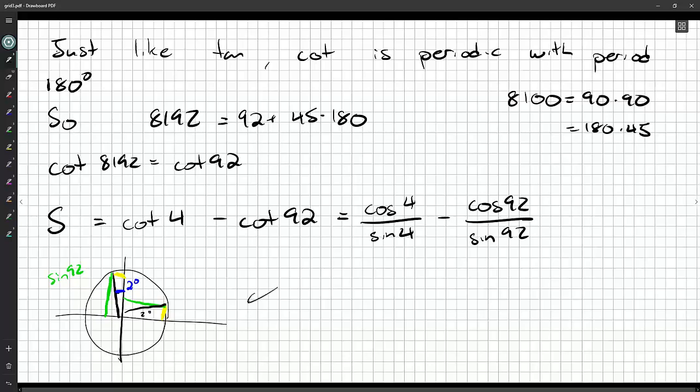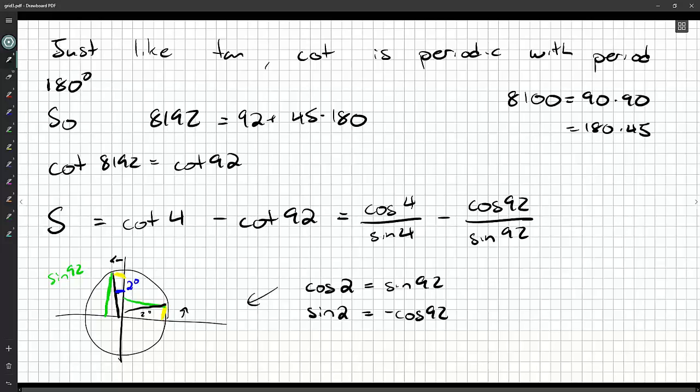So what can we see? Cos 2 is the same as sine 92. And sine 2 is the same as negative of cos 92 because, of course, this little yellow bit is pointing in the negative direction, whereas this is pointing in the positive direction.